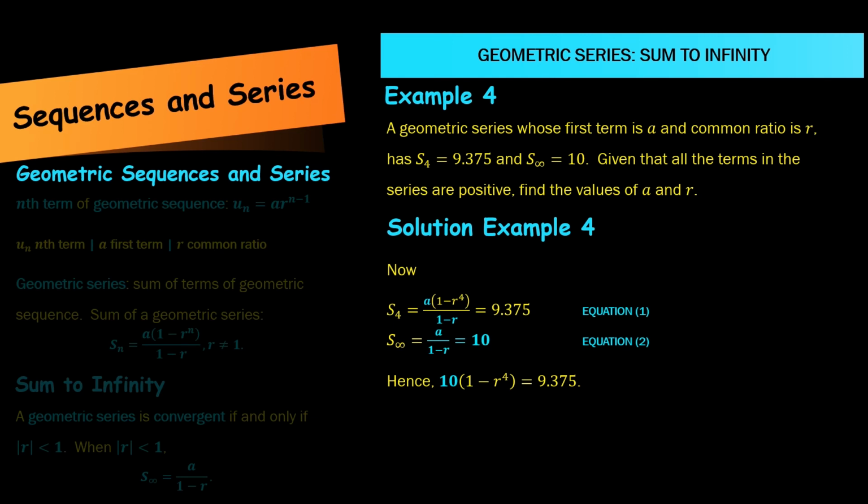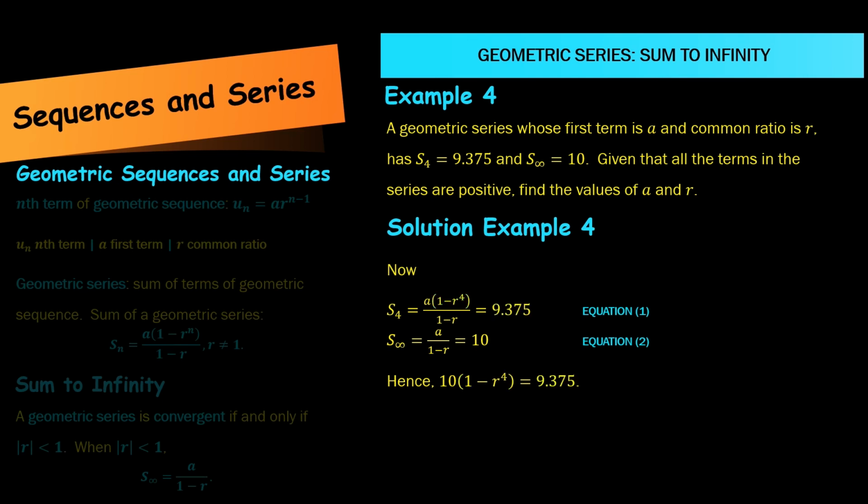Looking closely at both equations, we can see that a over 1 minus r appears in both. And so we can substitute 10 in place of a over 1 minus r in equation 1, as shown here. So we have in our new equation 10 times 1 minus r to the power 4 equals 9.375.